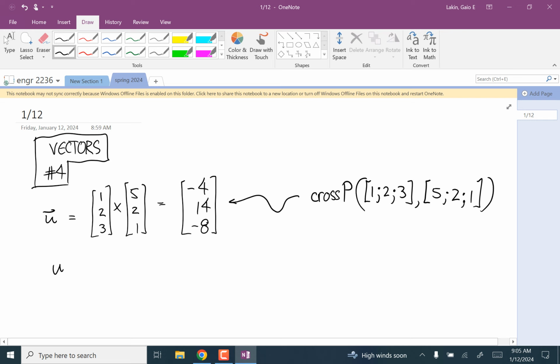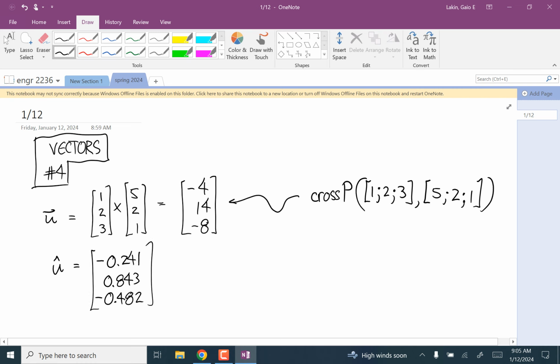Now we want the unit vector in that direction. I'll give it the fancy hat, which says that it has a length of 1. What this function does is just divide by the magnitude of that vector, so you get negative 0.241, positive 0.843, negative 0.482.